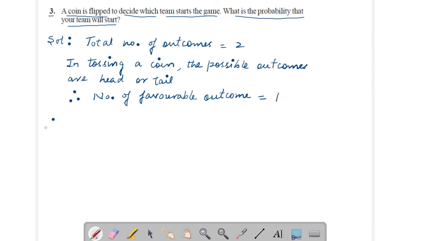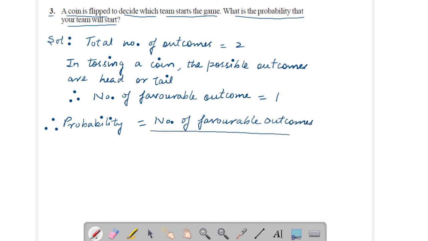Therefore, probability is equivalent to the number of favorable outcomes divided by the total number of outcomes.